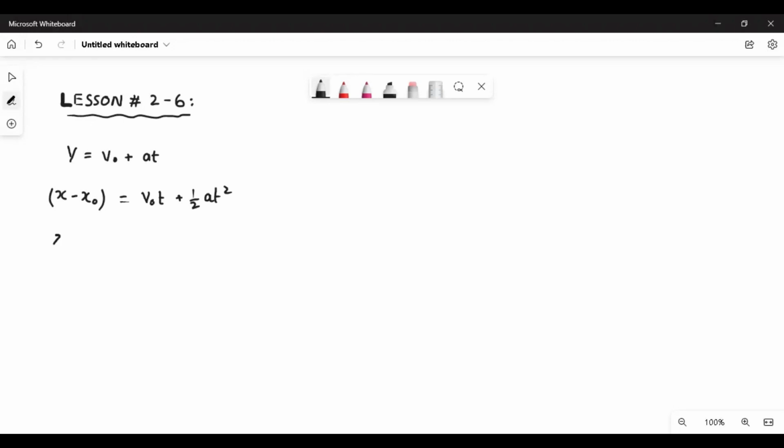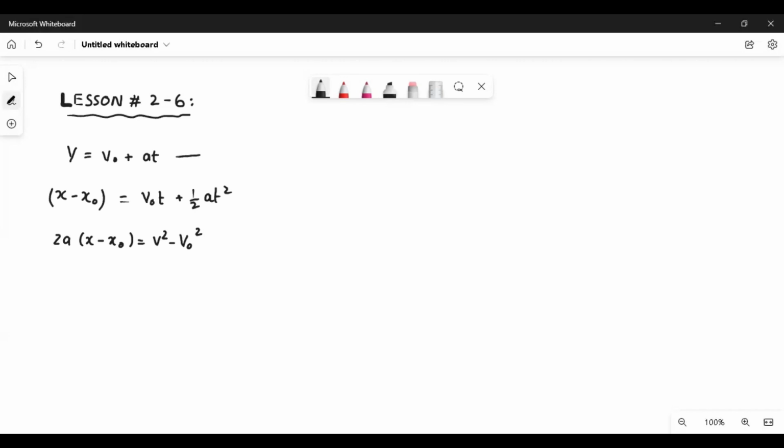The third one is v squared minus v naught squared equals 2a times (x minus x naught). So these are the three equations of motion.